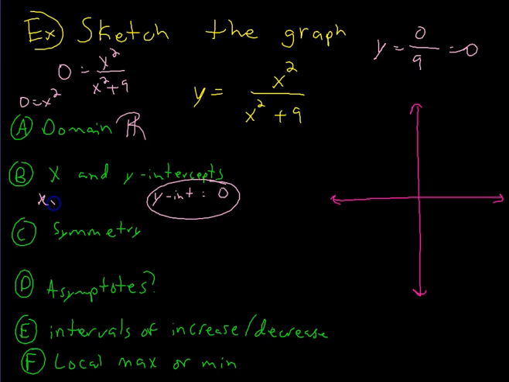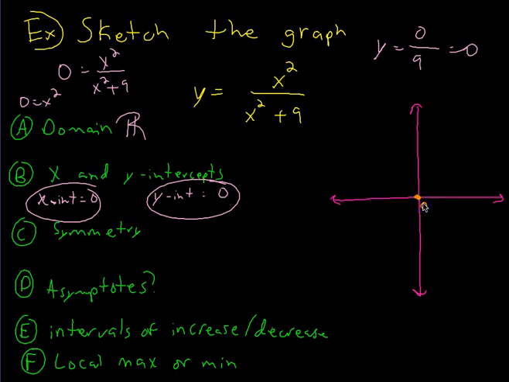So my x-intercept is also 0. Once I start finding information like that, I'll start plotting it so I can have that information down, because soon I can get enough information to graph it. So I know one place on this graph is (0, 0). I know that's one important place on my graph, the x and y-intercept there.